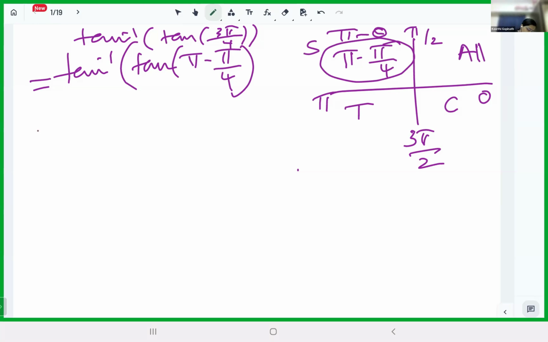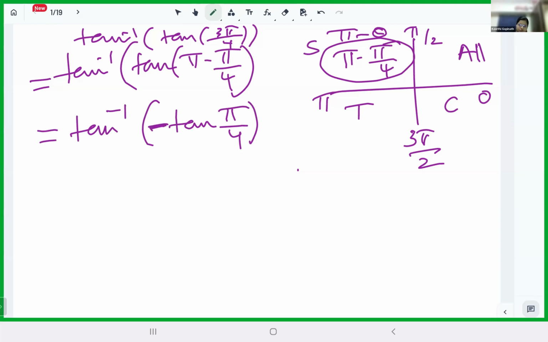So we get tan of pi minus pi by 4 as minus tan pi by 4. Since it is in the second quadrant, tan is negative, so we are putting a minus here.